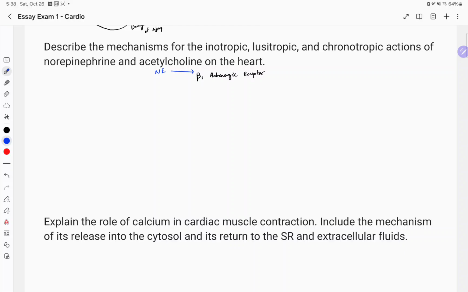When that happens, we have this alpha subunit, I'll just abbreviate it as alpha sub. That's going to increase activation of adenylyl cyclase, and that, in turn, is going to increase cAMP levels.